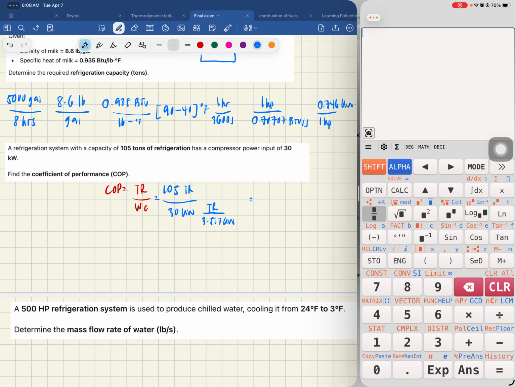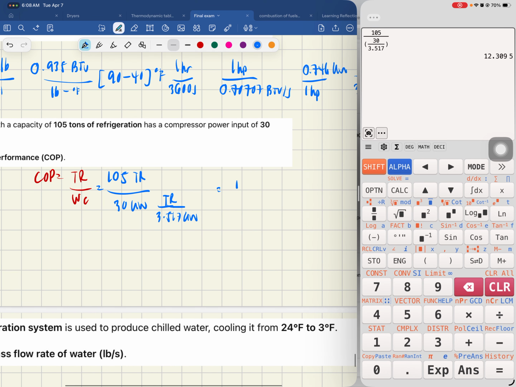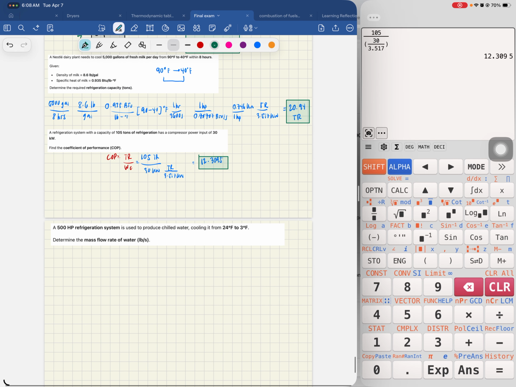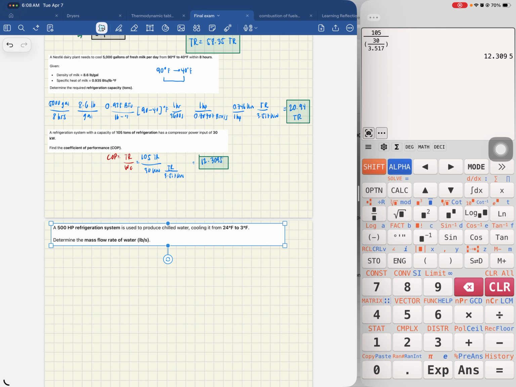But it should be the same. COP should be around 12.095. Dimensionless, since this is simply a ratio. Okay.